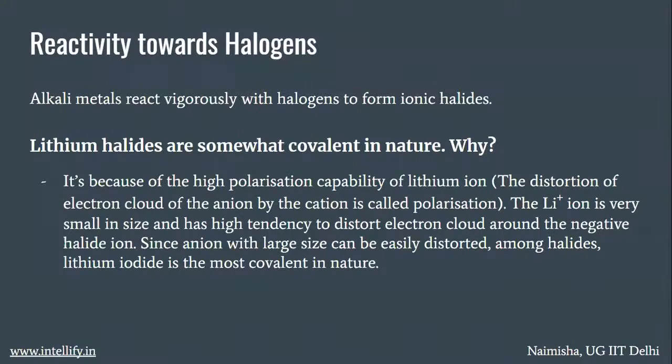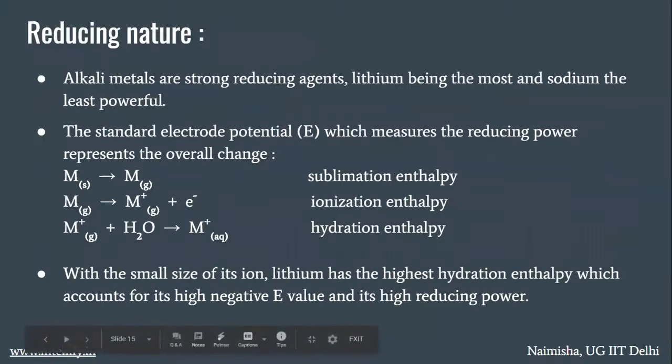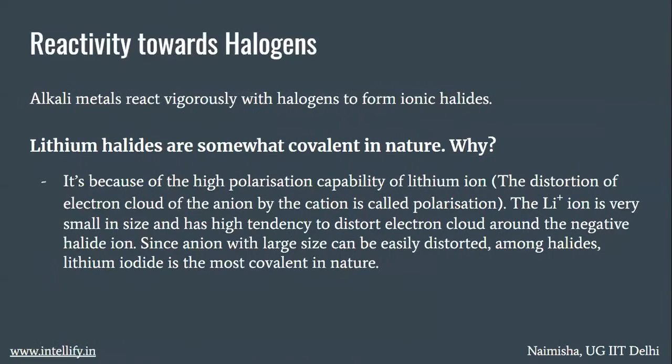Reactivity towards halogens. Alkali metals react vigorously with halogens to form ionic halides. Lithium halides are covalent in nature. This is because of the high polarizing capability of the lithium ion.